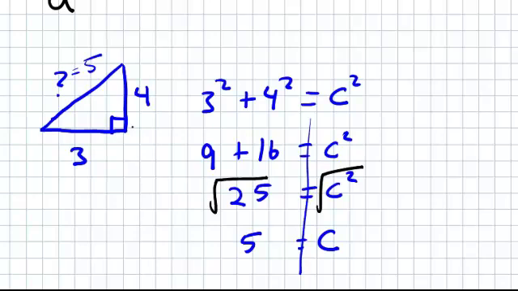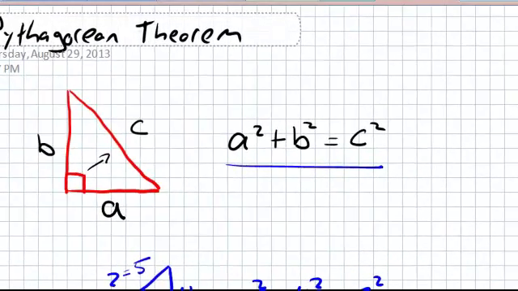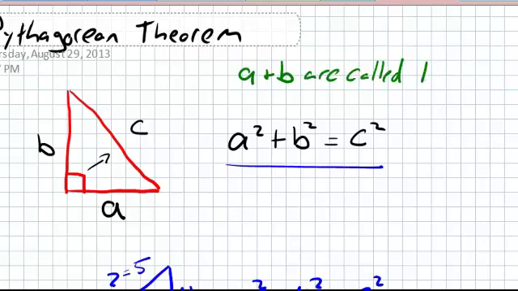Something else I want to point out: A and B have special names. They are called legs. They're the legs of a right triangle.